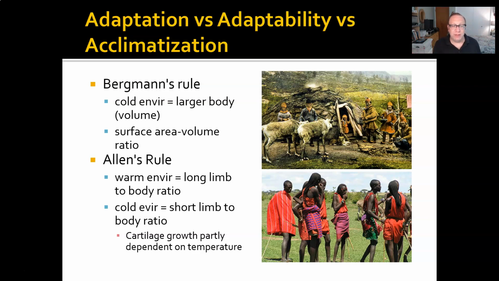In cold environments, again, to conserve heat, short limb to body ratio kind of goes hand in hand with Bergmann's rule. It may also be due to the fact that there is some influence of temperature on cartilage growth. So it may be not just an adaptation, but may also be adaptability, which is what we were just talking about. So an effect on development.